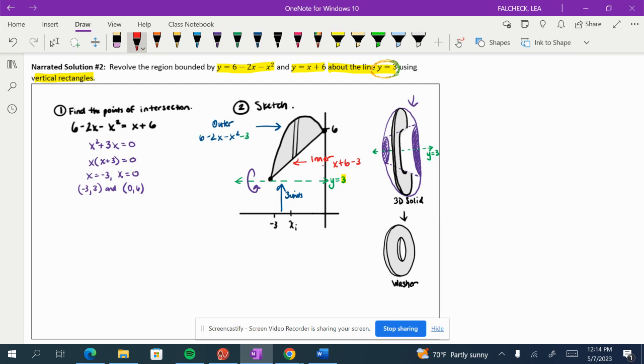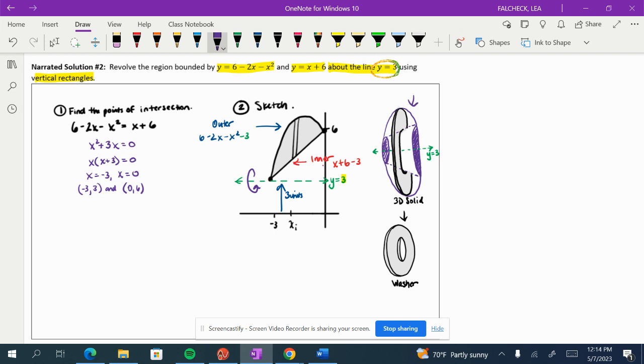So now we are going to set up our increment of volume. We are going to approximate the volume of one washer, then add up all those slices, and then set up our definite integral.